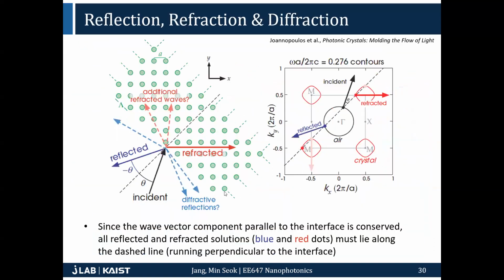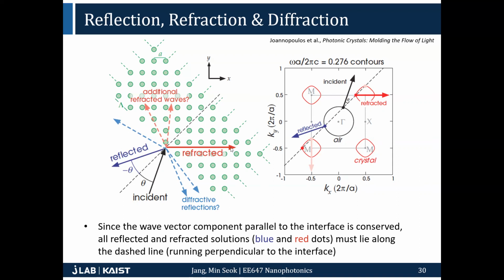Okay. Now, as a last topic, I also introduced the different directions of phase and group velocity in photonic crystals. If you have a photonic crystal lying at 45 degrees like here, and then you shine light, denoted as a black arrow, you have a reflected light, which is very normal.